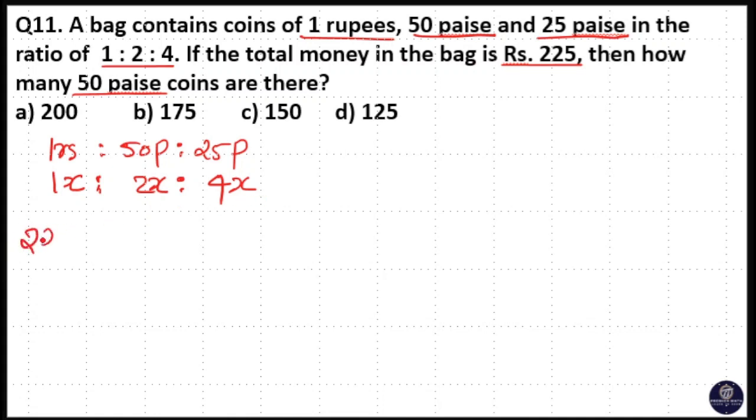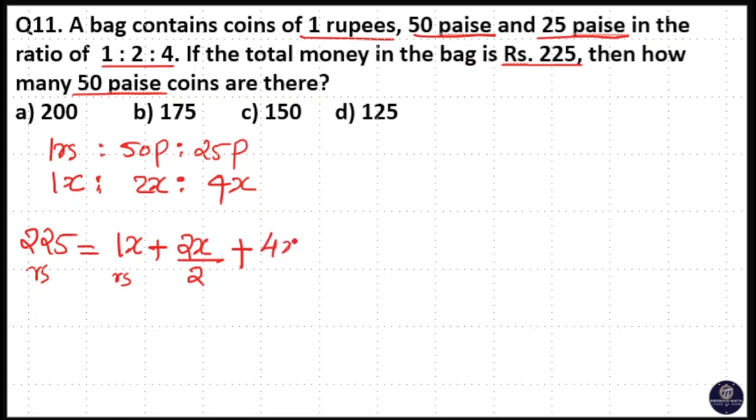So here total money 225 is equal to 1x number of 1 rupee coins plus 2x number of 50 paise coins plus 4x number of 25 paise coins. This is 50 paise, this is rupee, this is also rupee, this is paise. So I will divide it with 2 because 1 rupee divided by 2 is equal to 50 paise. The same way this is 25 paise, 1 rupee divided by 4 is equal to 25 paise.